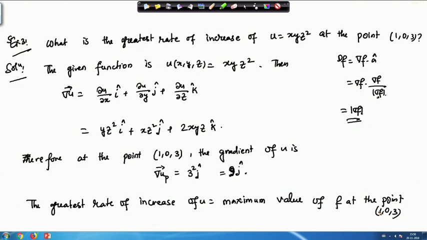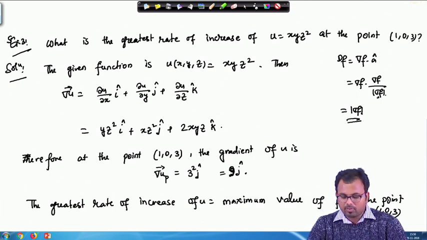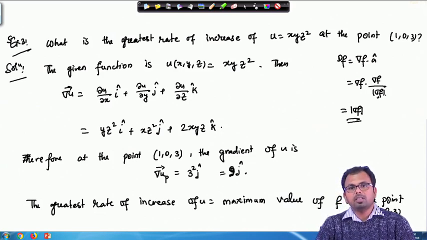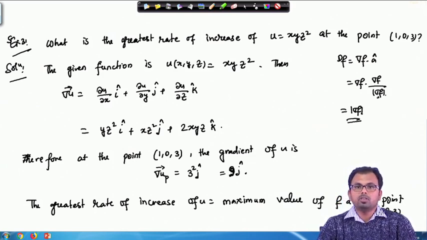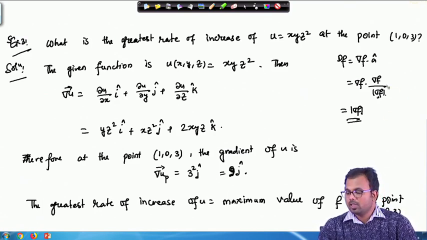So, the greatest rate of increase is nothing but the maximum value of df/ds, because df/ds is the rate of change of f, right.